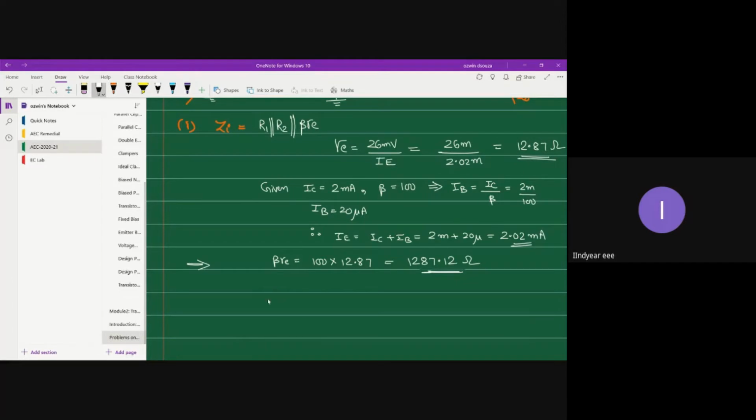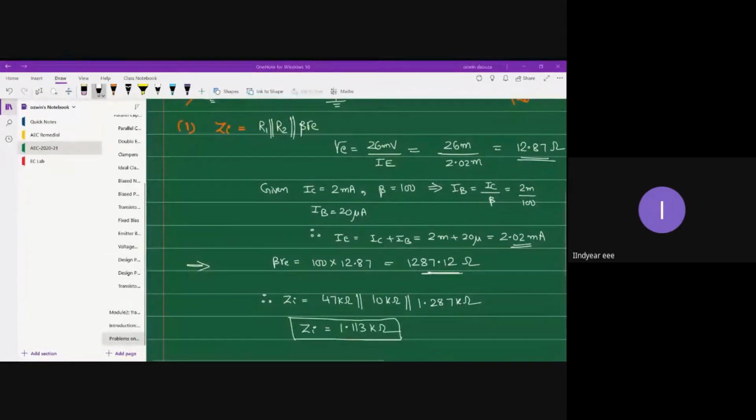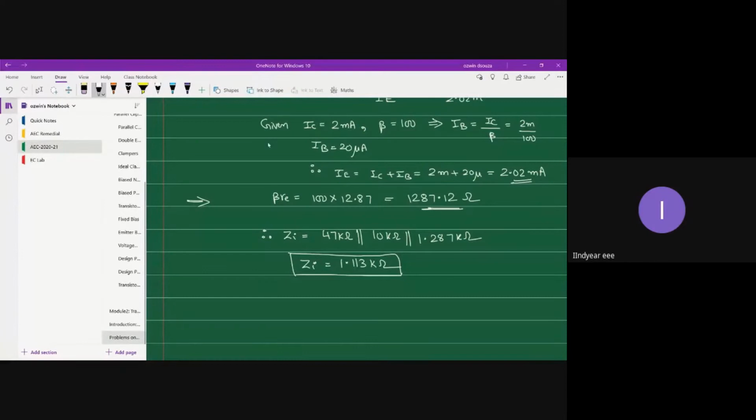Okay, so therefore Zi becomes 47 kilo ohm parallel with 10 kilo ohm parallel with 1.287 kilo ohm. All right, so how much you'll get? Did anyone calculate? Okay, so that's your Zi. Okay.